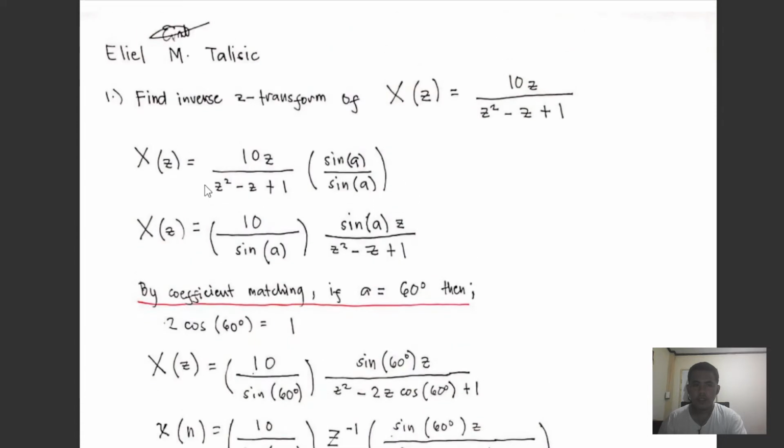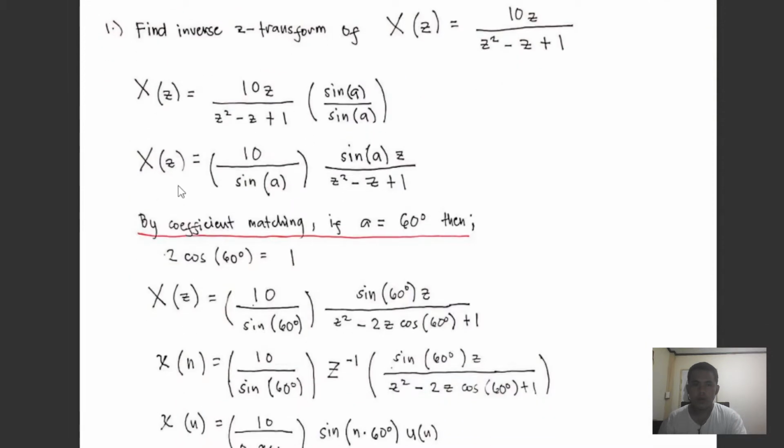First, we need to multiply this system by sin(alpha) in both numerator and denominator. This is okay in a mathematical manner because it is only equal to 1.